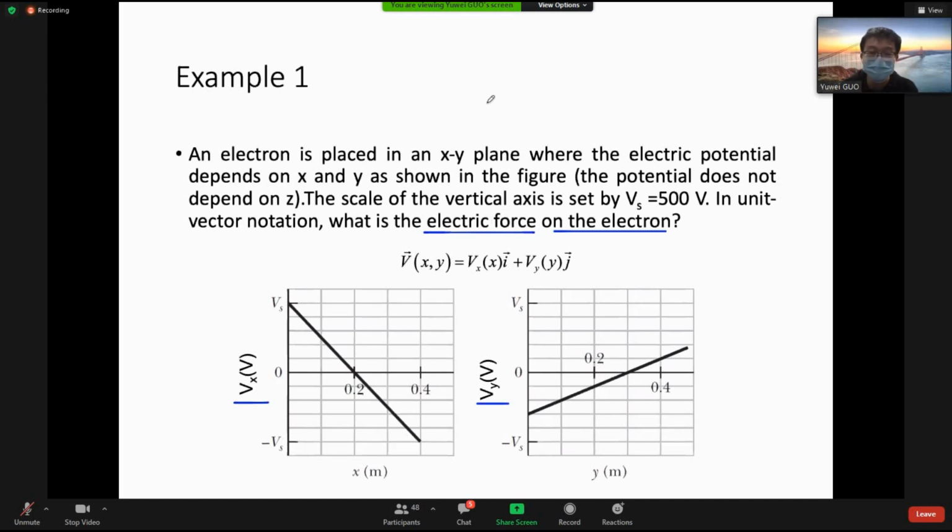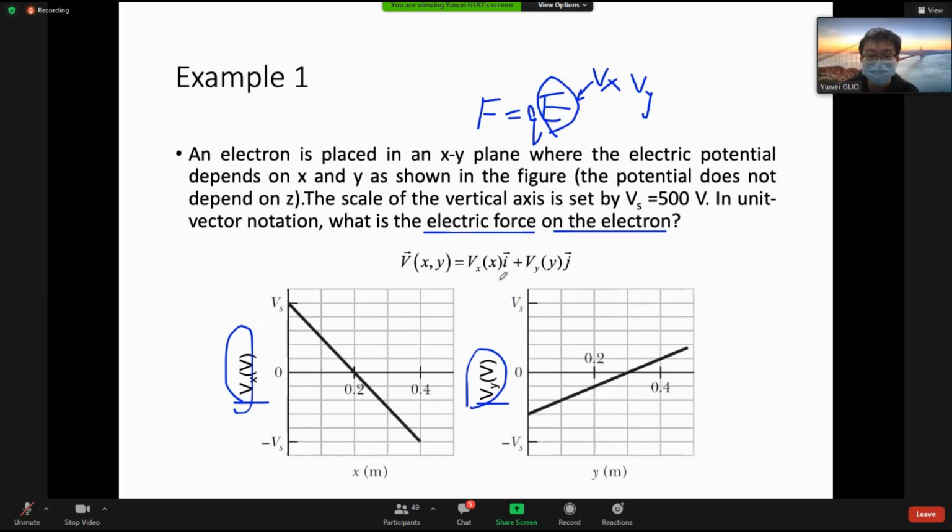How to get the electric force? Maybe we can remember that the force is equal to Q times the electric field. And the most important thing is to get the electric field. We know the electric potential here, so the important thing is how to use these two to calculate the electric field.